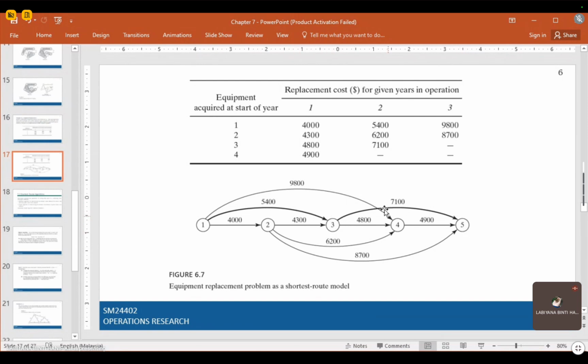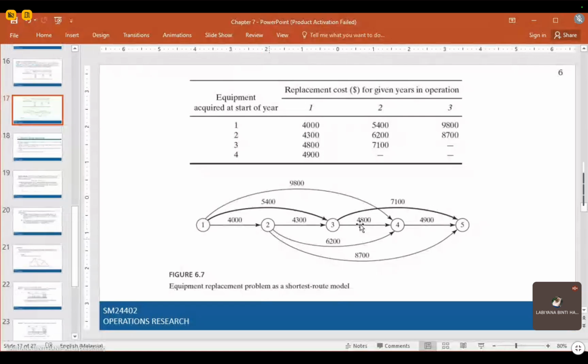For the total replacement cost, we just sum up 5,400 and 7,100, so the solution will be 12,500. We find the shortest route, then we just sum up, so that is the final solution.